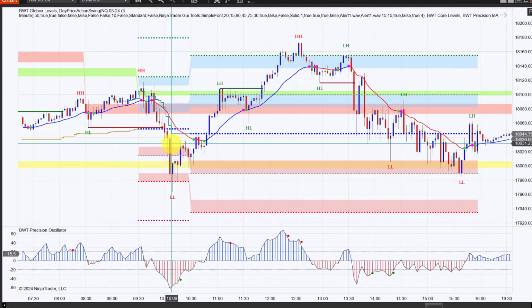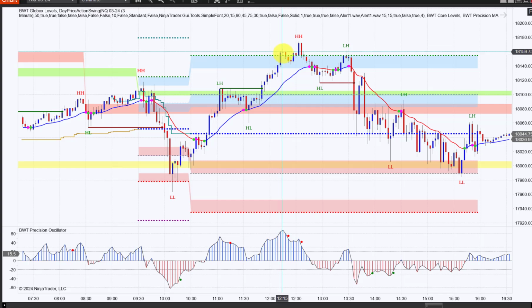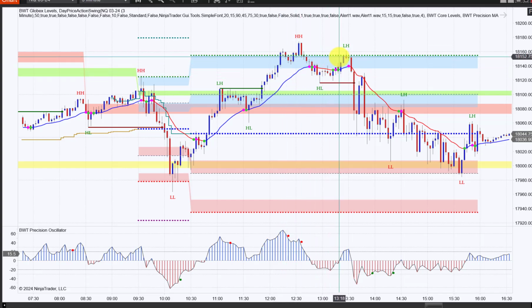And basically it came up and tagged the median here, and then broke out above the median up to the first buy hot zone, and then up to the expected high for the day, a little higher than that, and then down and a test of the expected high right here, and then down to the point of control or the median.